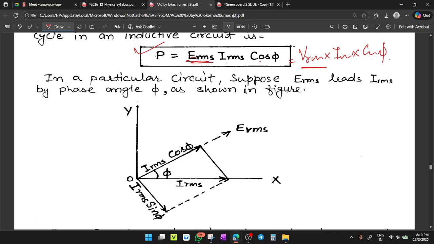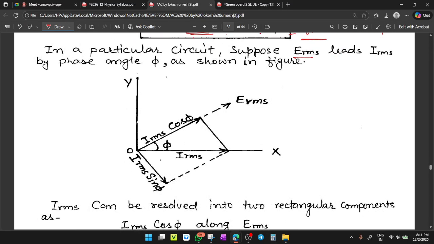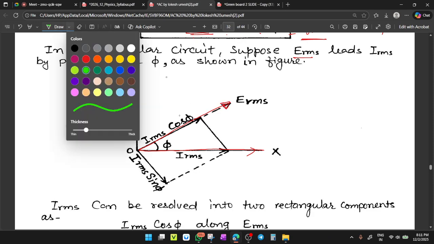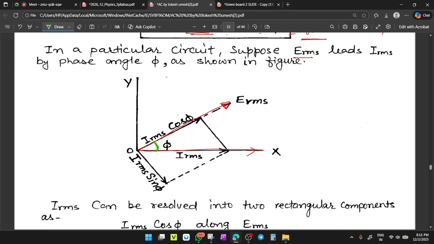In a particular circuit, suppose E_rms leads I_rms by an angle phi. So here you have I_rms and this is your E_rms. Now check, your E_rms is leading I_rms with an angle phi. So you can resolve I_rms into two parts, first in the direction of E_rms, which equals I_rms cos phi.